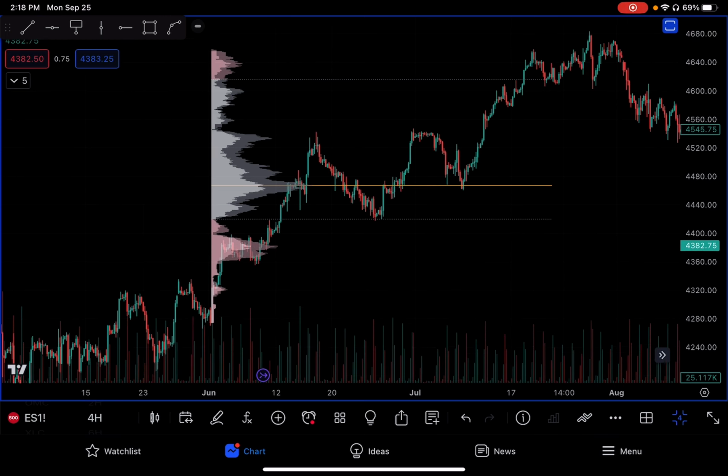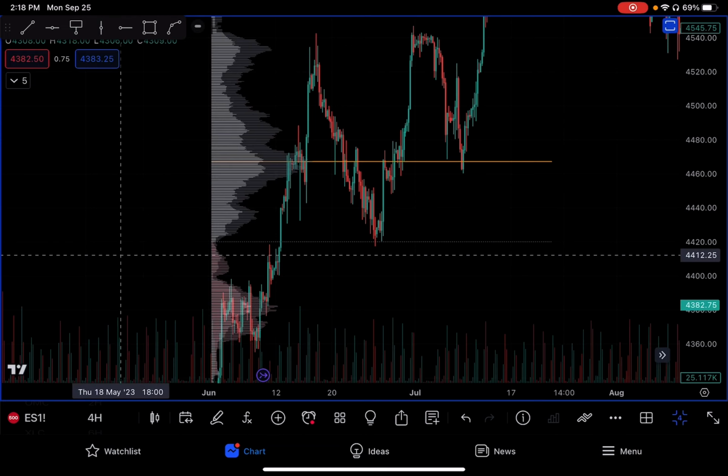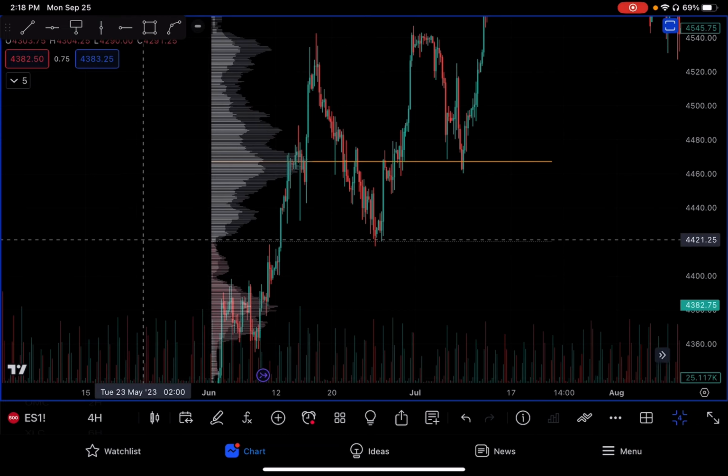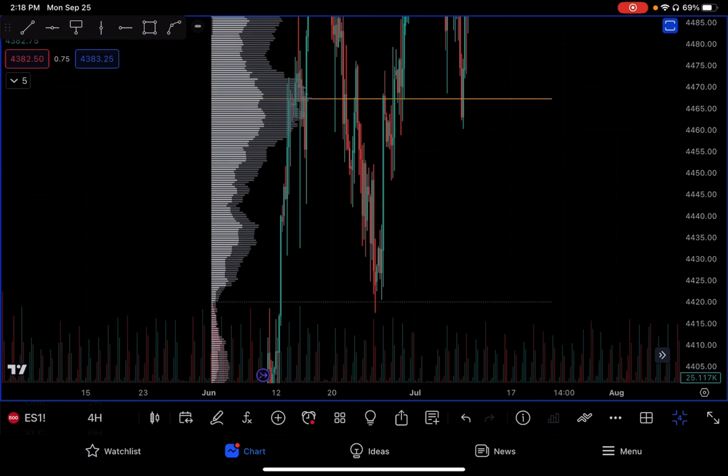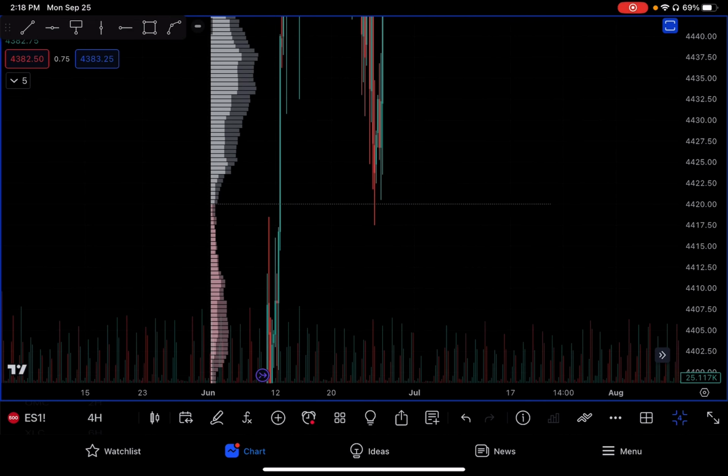So the first thing we're going to do is pick the LVNs that separate value. That's the first step I like to do. So here's value, here's out of value, here's the LVN that separates them. So we're going to mark that one. It's super thin there.